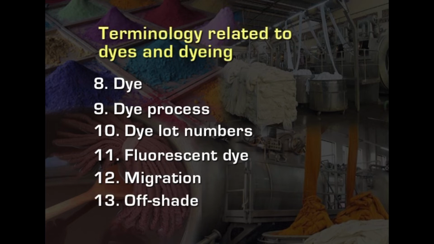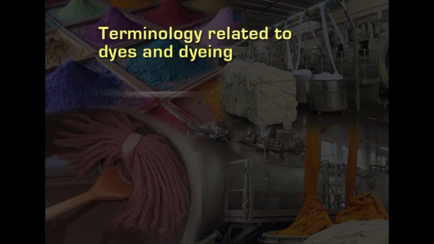Offshade refers to the color that does not exactly match the standard or prepared samples. Pigments are insoluble color particles that are held on the surface of a fabric with a binding agent. Their application is very simple, quick and economical.